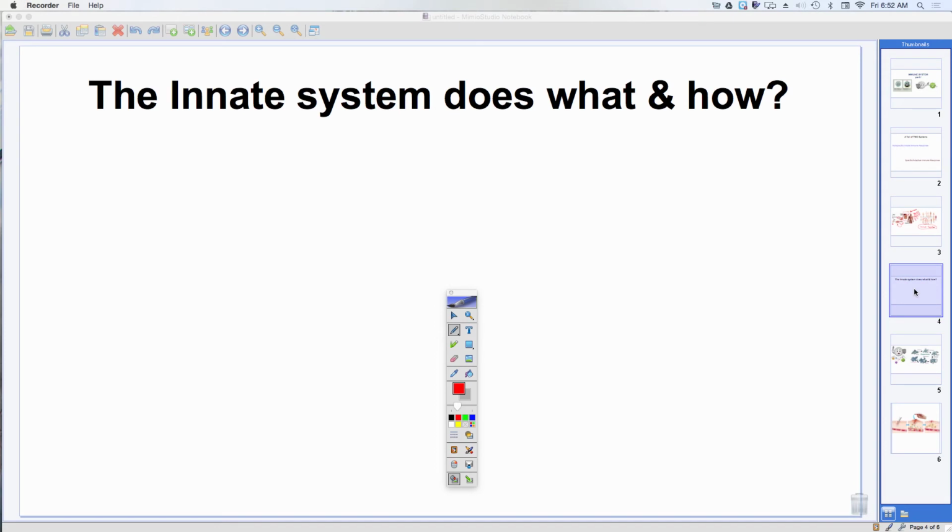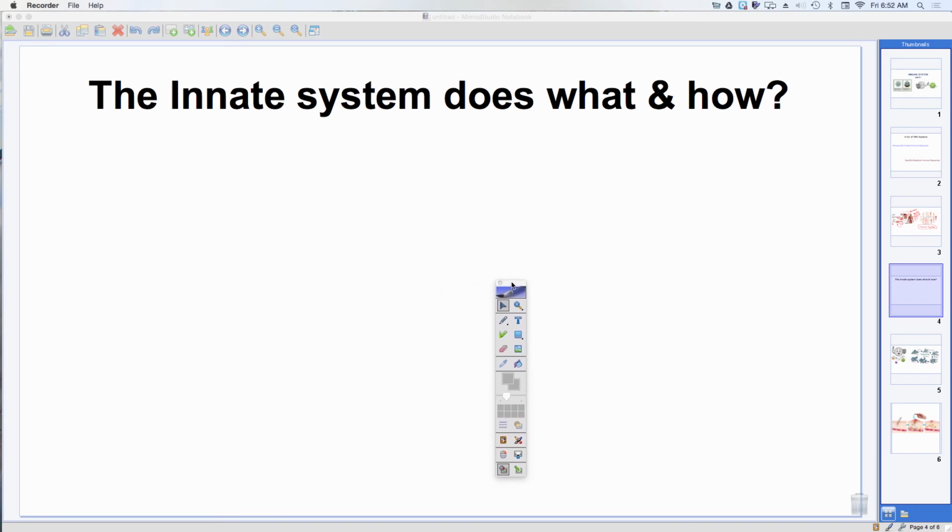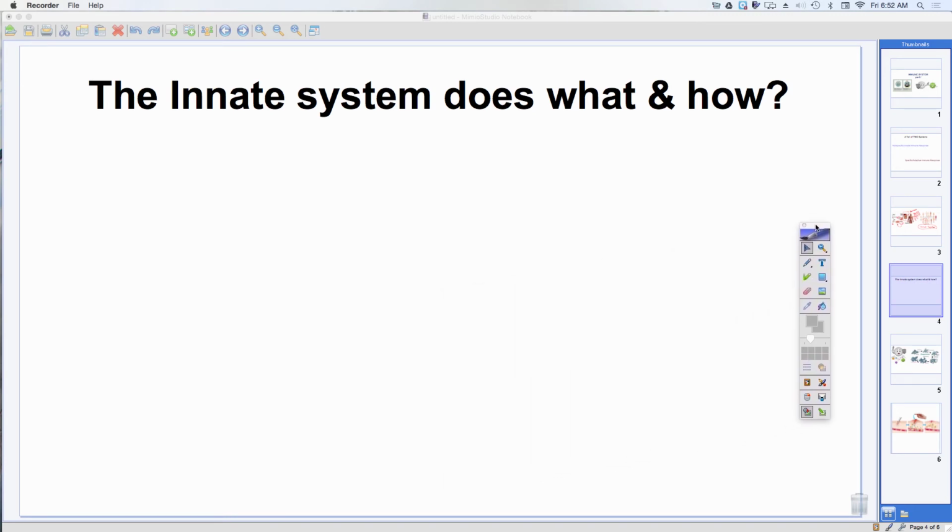Well, we are interested today in the innate immune system, and I really don't have a ton to say about this, but I will say a few things that might be helpful as you think about it. The function of the innate immune system is to combat all pathogens.